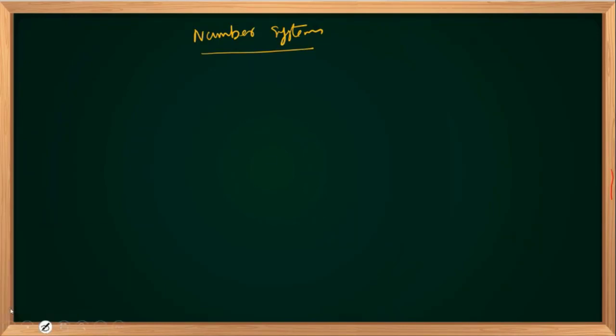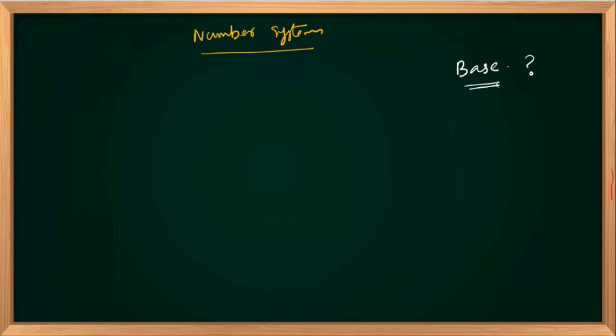For proper understanding of a number system, we should identify what we mean by the base of a number system. What is the base of a number system? We have a familiar number system, decimal, base 10. What do you mean by base 10?